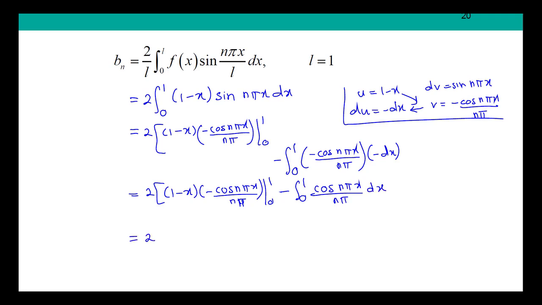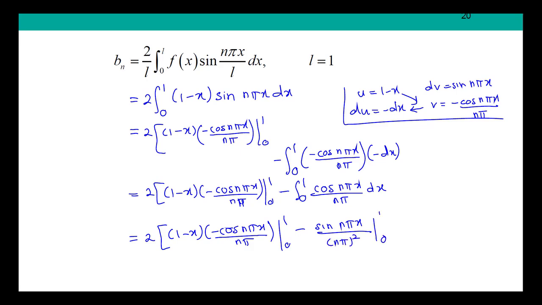So equal to 2, (1 minus x) negative cos n pi x divided by n pi from 0 to 1. So integrate cos n pi x over n pi. So we get sine n pi x divided by n pi square from 0 to 1.